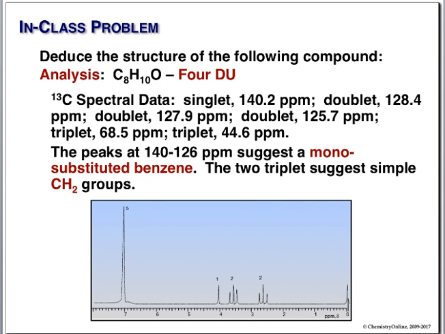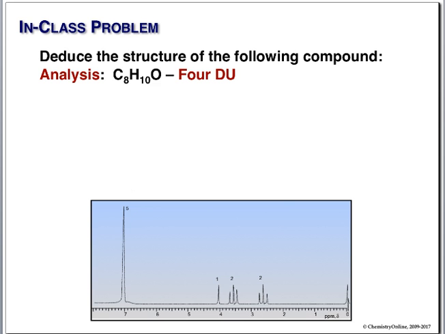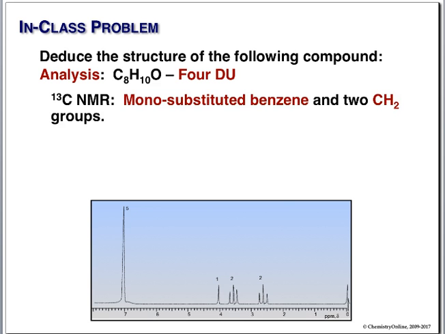Any question on the C13? All right. Down here at 7 parts per million, we have a peak worth 5 monosub benzene. That's consistent, isn't it?